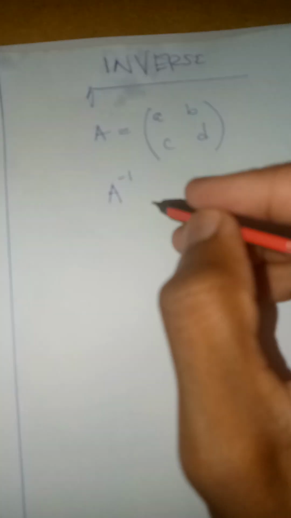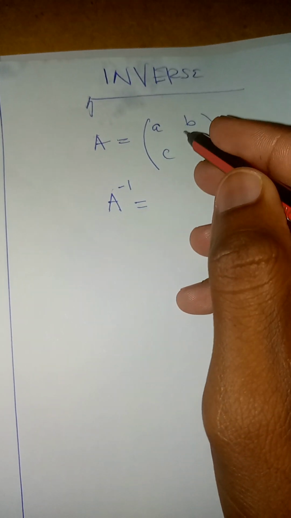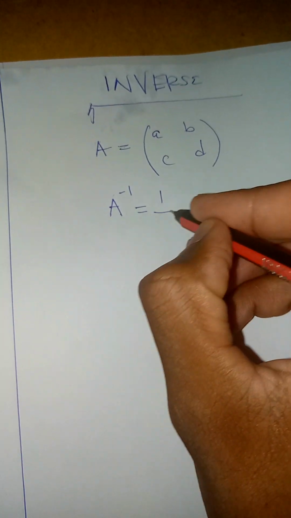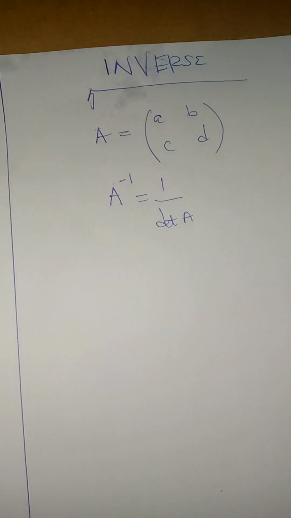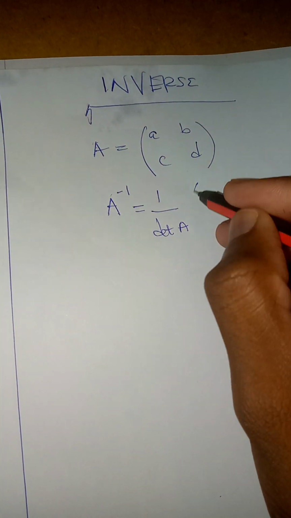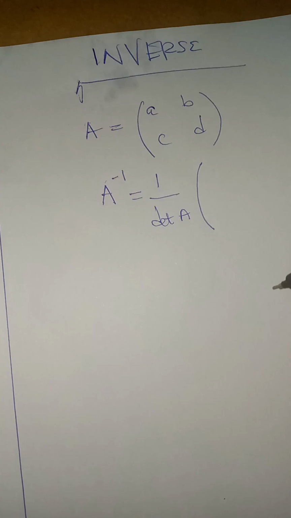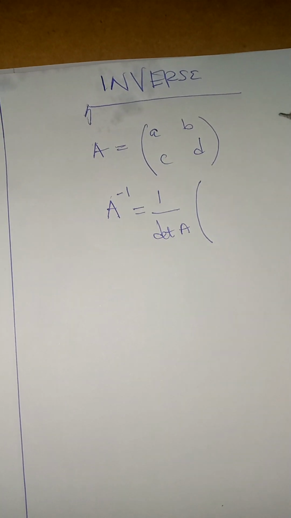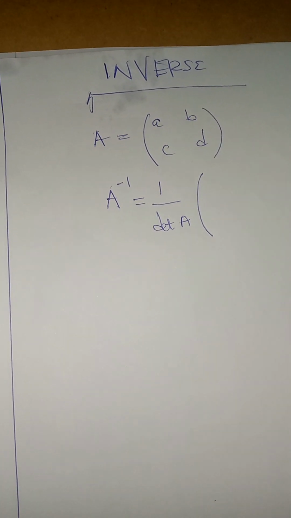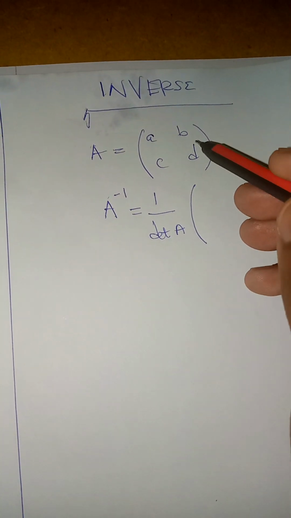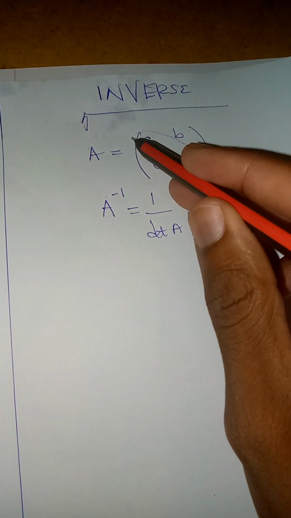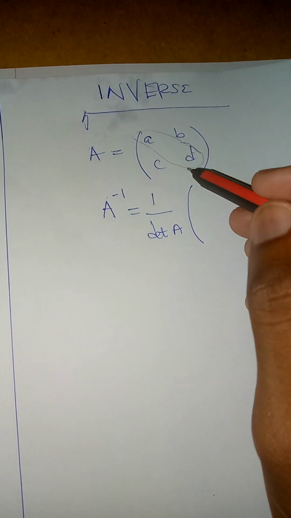Now to find the inverse, we are going to first say 1 over the determinant of A, of which by now you know how to find the determinant, then open the bracket, just like that. Then what happens is that in the major diagonal, these swap.